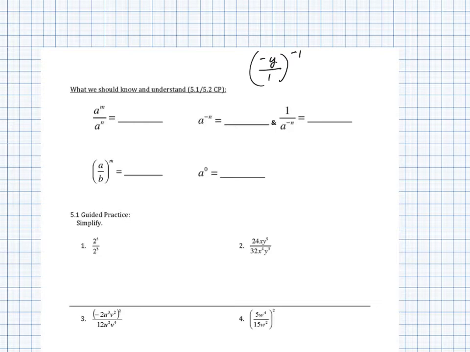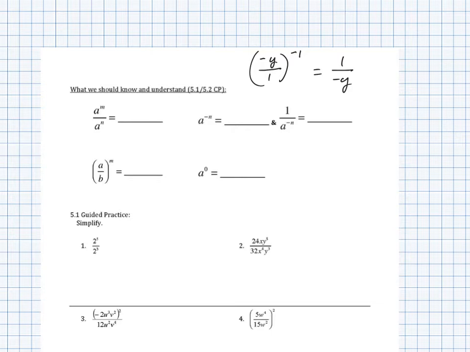There's about a 100% chance that one of you is going to get this wrong on the final. Please don't be that one person. Do you see up there it says negative y to the negative 1? The negative in front of the y has 0 to do with exponents. All right. What is this equal to? 1 over negative y.